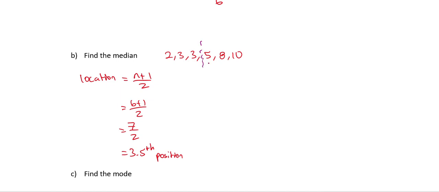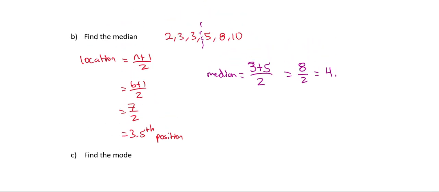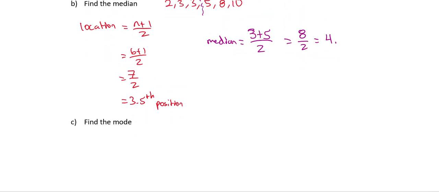So it's somewhere here. Now you just want to take the average. So you just go 3 plus 5 divided by 2, which equals 8 over 2, which equals 4. That means the median is 4. Find the mode. So mode's just most common. It's 3. Mode equals 3. Simple.